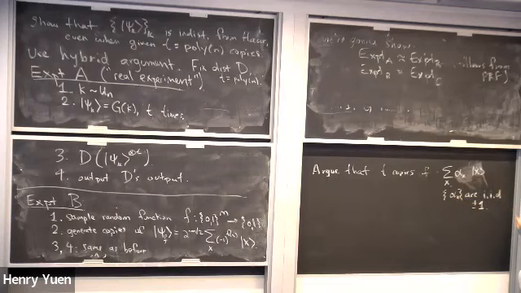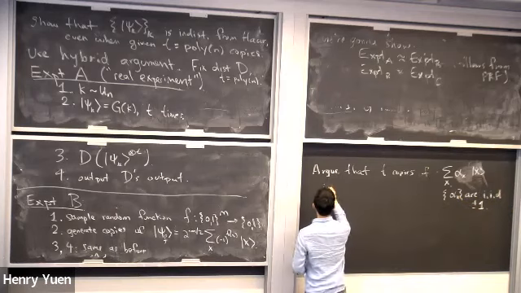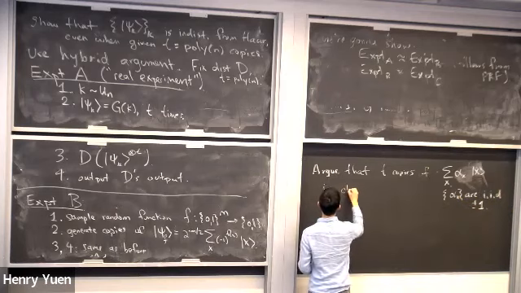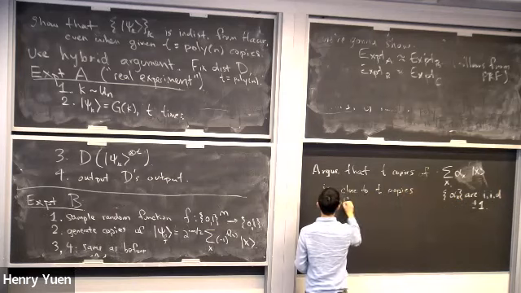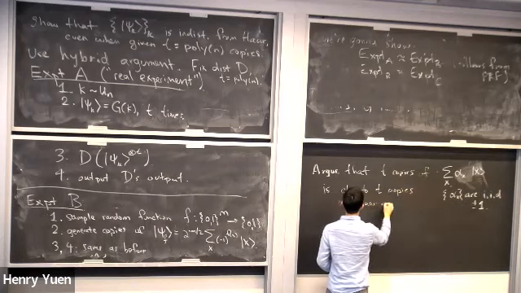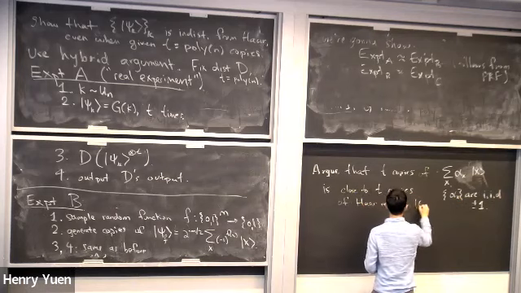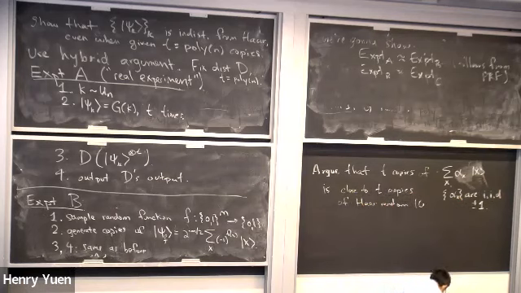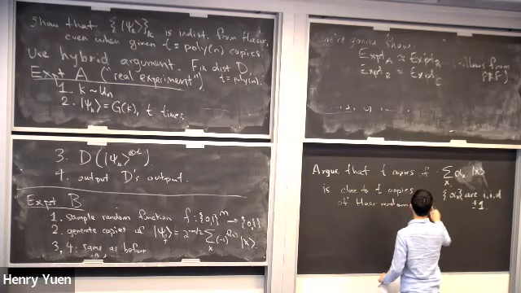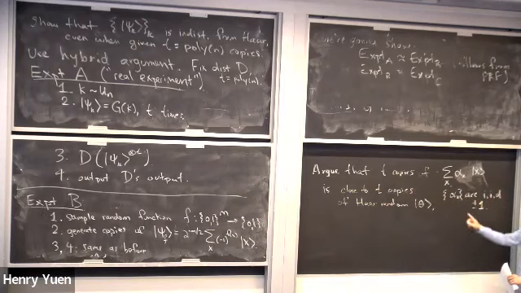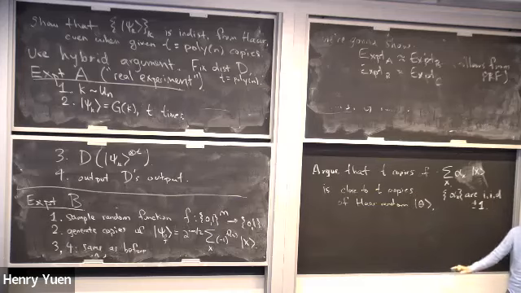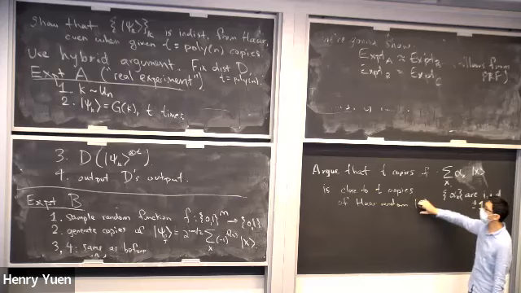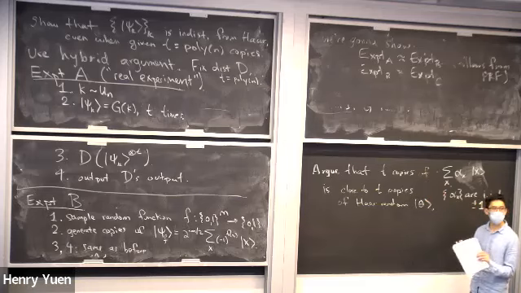We want to argue that this state is close to T copies of our random state. And what's interesting is at this stage, we no longer care about polynomial time or exponential time. These states are information theoretically indistinguishable.